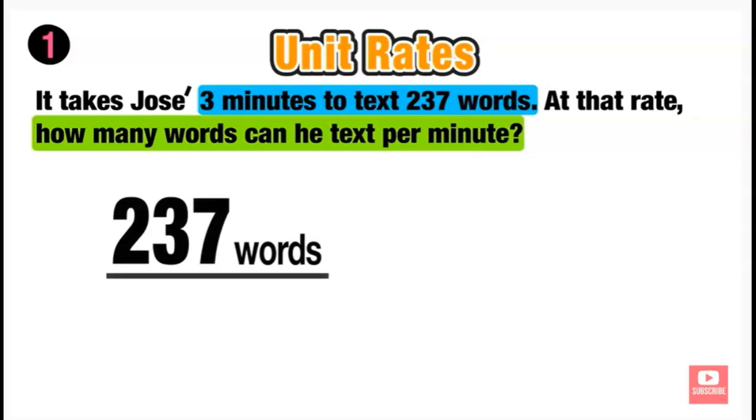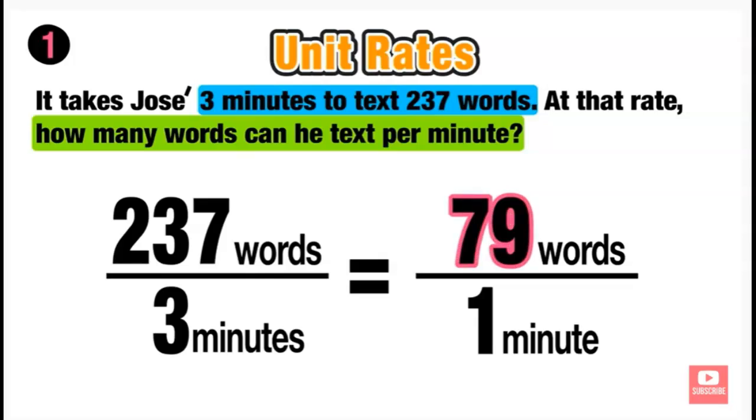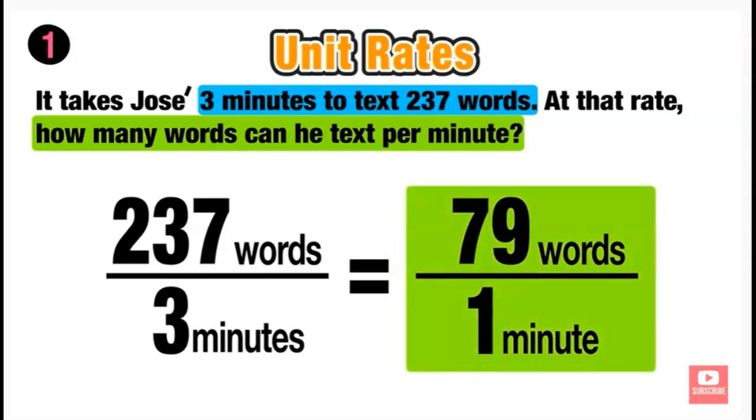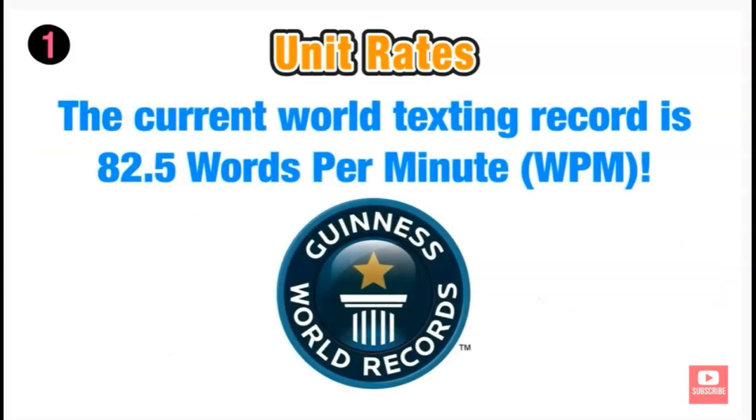So he can type 237 words in 3 minutes, and we want to see what that's equivalent to in 1 minute. 237 divided by 3 is equal to 79. So the unit rate here is 79 words per minute. Which is actually pretty fast considering that the current world texting record is 82 and a half words per minute.